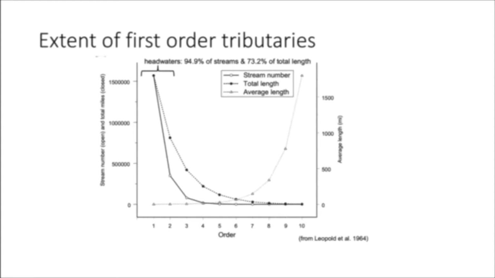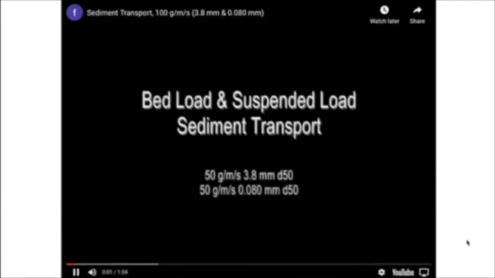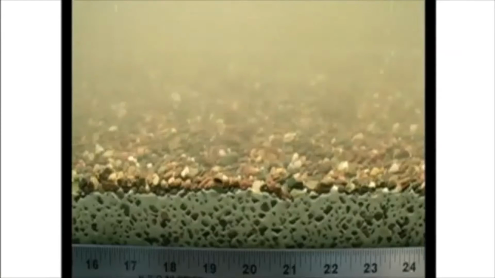So let's go back and look at the importance of these headwater streams supplying and transporting sediment. Let's see what that sediment actually looks like as it moves through a system. Here's a video of bed load and suspended load, and you can see as the water is flowing in this flume, those different kinds.